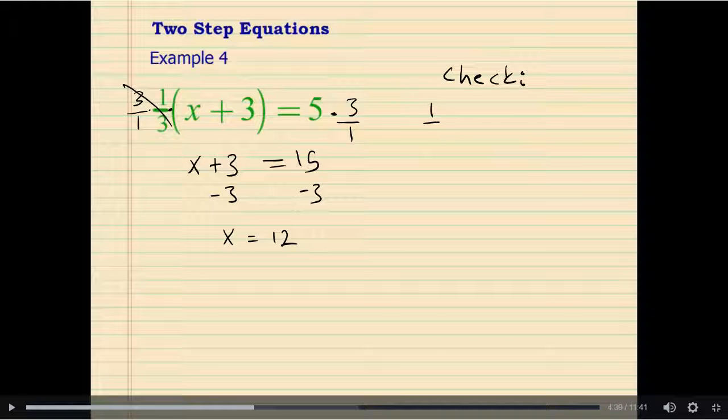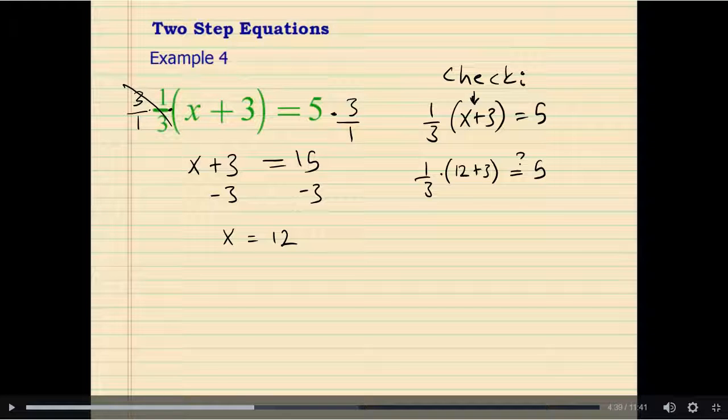Write your original equation, 1/3 x plus 3 is equal to 5, and substitute your result into the original equation. 1/3 times 12 plus 3, is it equal to 5? Now, whenever we are applying our check step, we are not going to do the same solution steps we have done.